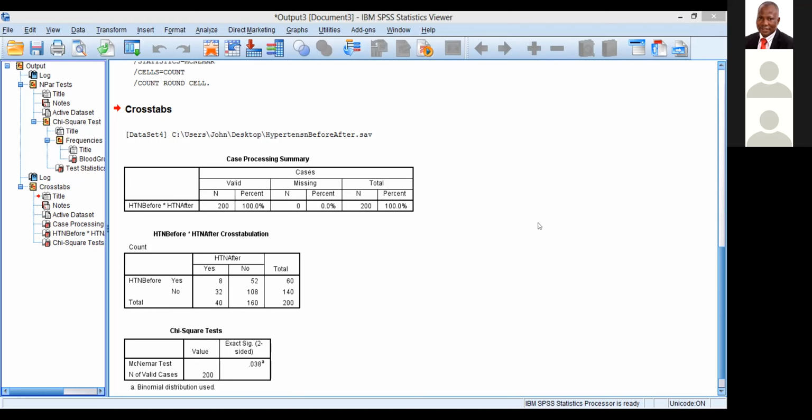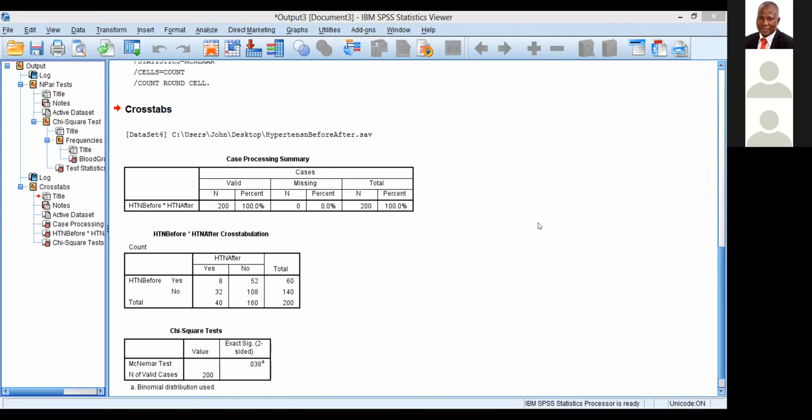Now, if you look under the McNemar, there's nothing there apart from N valid cases, 200, but under the exact test, it gives you the p-value, 0.038. McNemar is simple to calculate, yet no software is able to bring the result out. I don't know why.